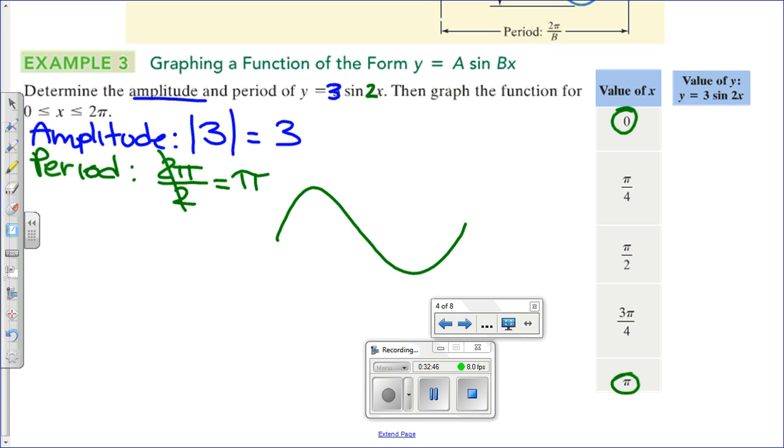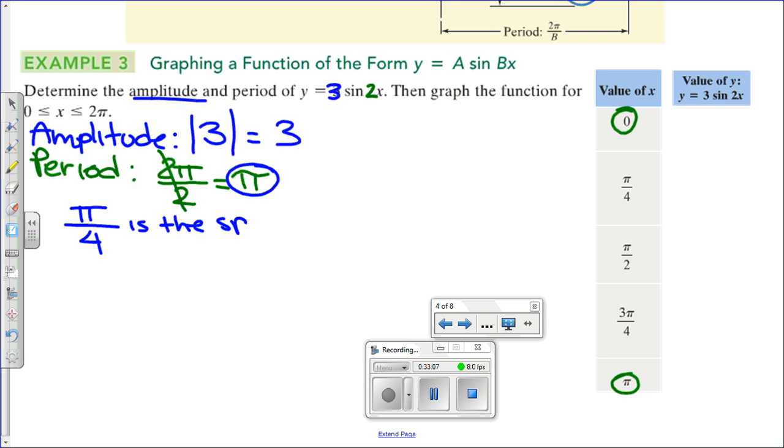Okay, so it will be from 0 to pi. Now, let's see what is the space in between the points. And so for that, we take pi, and we divide it by 4. And so that just gives us pi over 4, right? So pi over 4 is the space between the points.